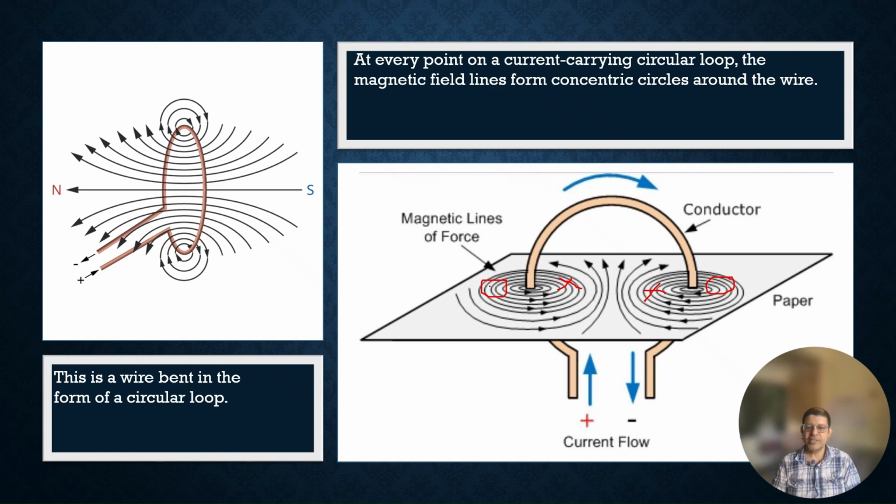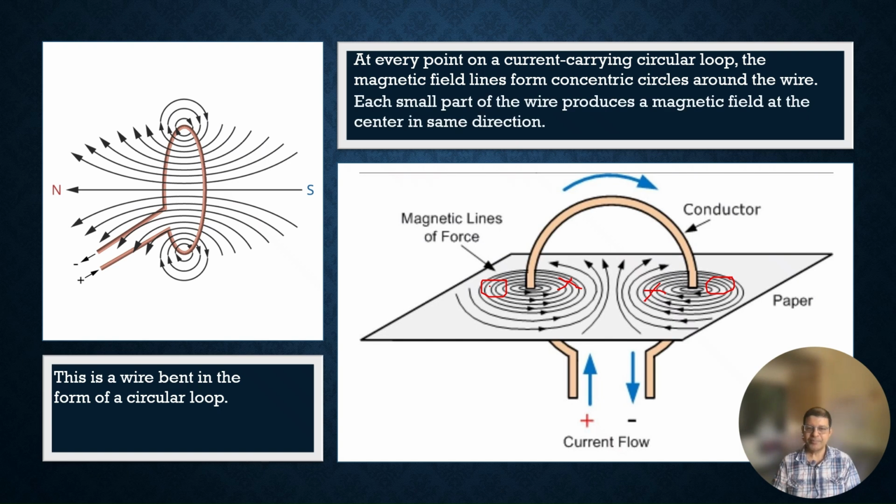In the center they become like straight lines, right? If you observe here in the center, they appear like almost straight lines. Closer to the wire, the fields are closer to each other, so the magnetic field effect will be stronger there.